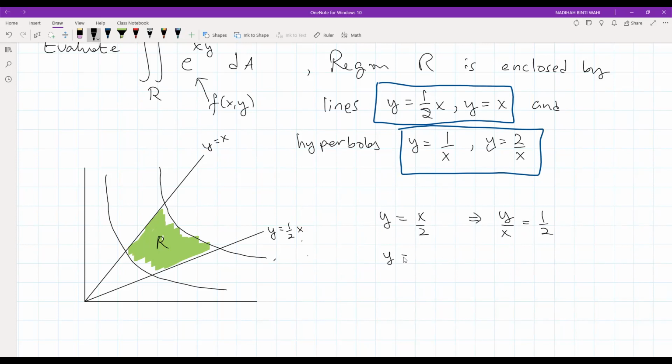Then y equals x, and therefore y over x becomes 1.